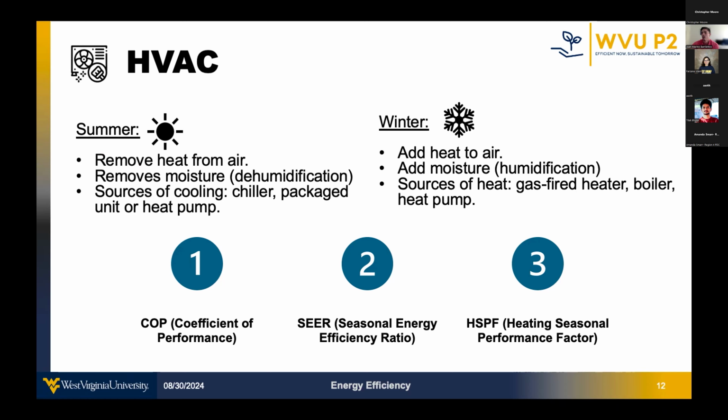An important part of this process is dehumidification, where moisture is removed from the air to enhance comfort and prevent issues like mold growth. The sources used for cooling can vary, but typically include a chiller, a packaged unit, or a heat pump. Each of these systems is designed to efficiently extract heat from the air and expel it outside the building.